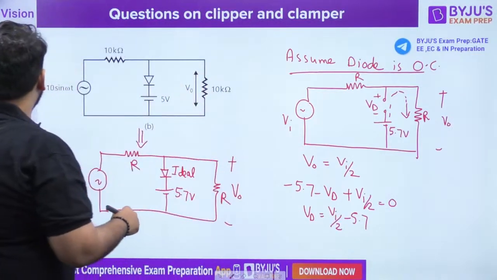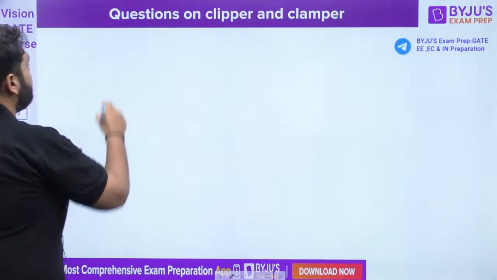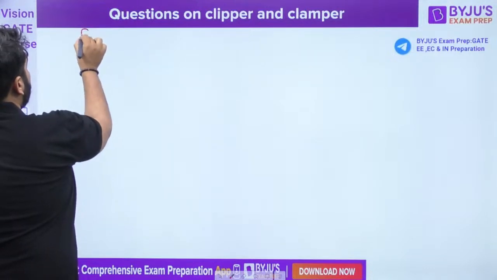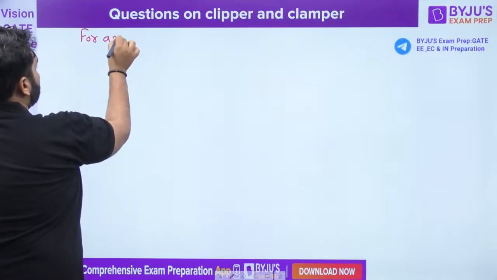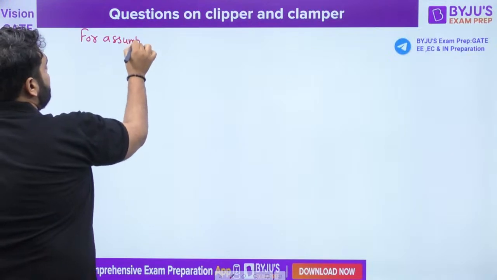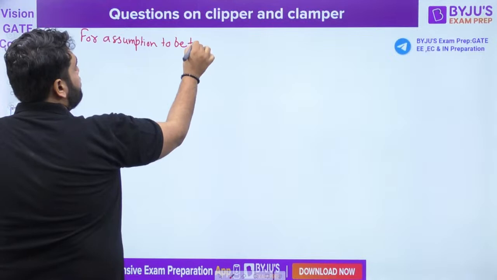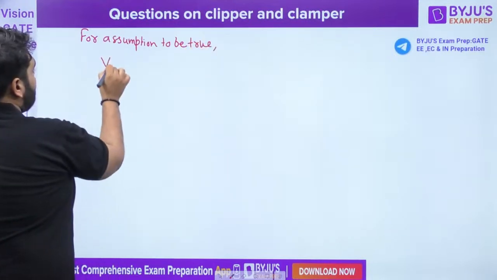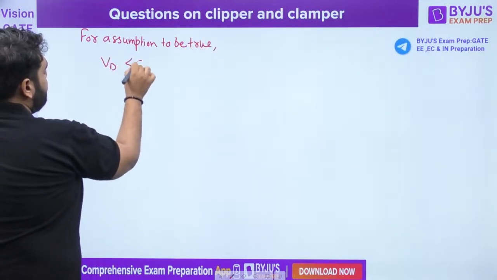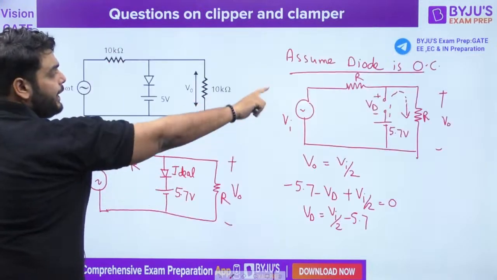Once I have the diode voltage, I can say that for the assumption to be true, the diode voltage must be less than 0, because our assumption is that the diode is an open circuit.